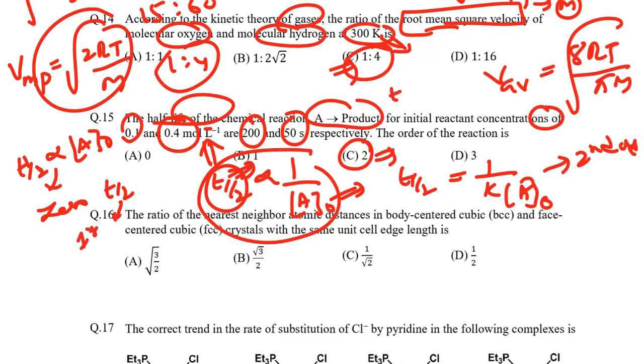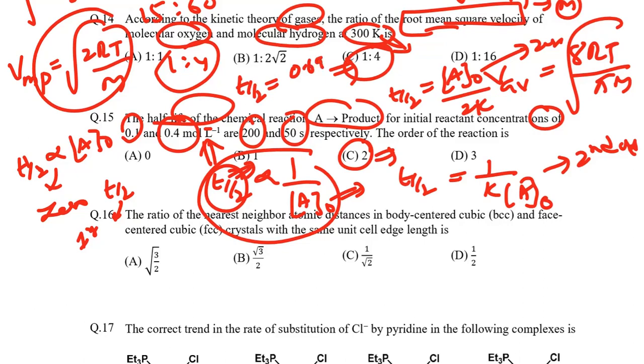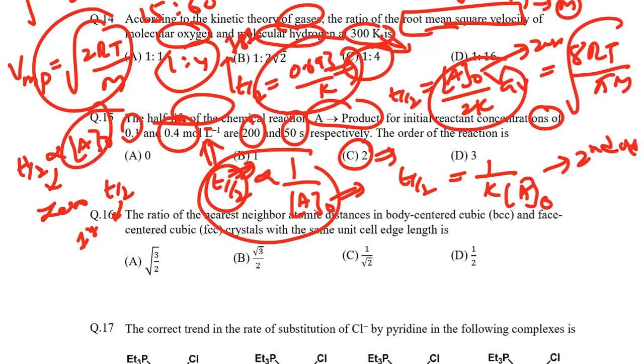Just look here: t half equals the initial concentration of A by 2K for zero order reaction, and t half equals 0.693 by K for first order reaction. Just remember all these important equations.